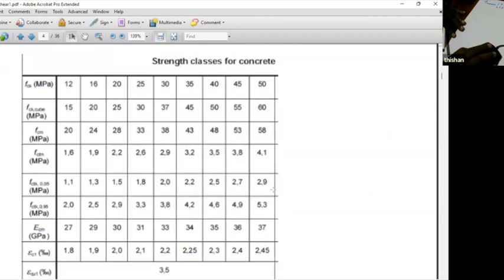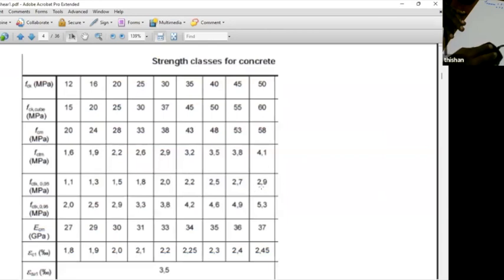And here you can see the maximum tension that we can allow is about 2.9 for FCK 50, 2.7 for FCK 45, about 2.5 for FCK 40, and 2.2 for FCK 35. So these are the kind of strength values that we generally use for pre-stress concrete.